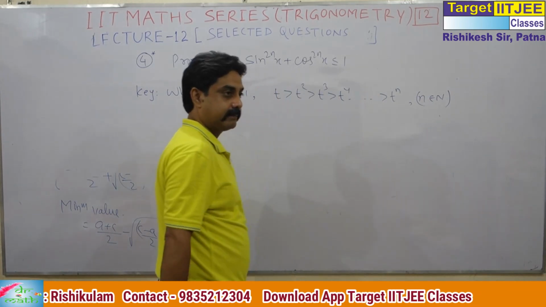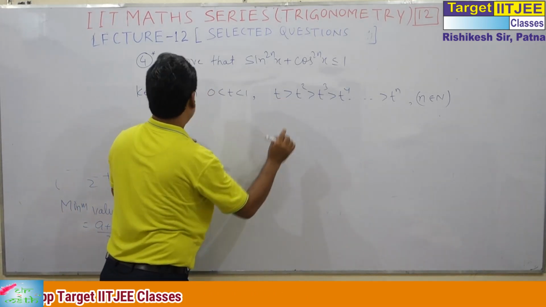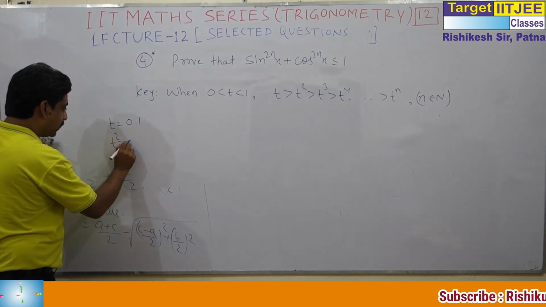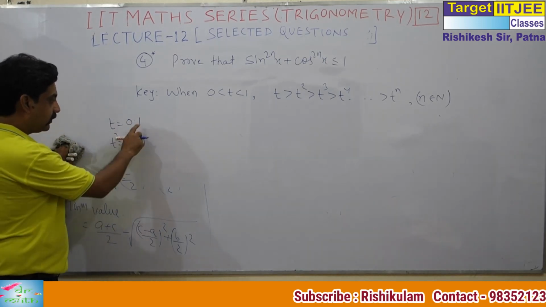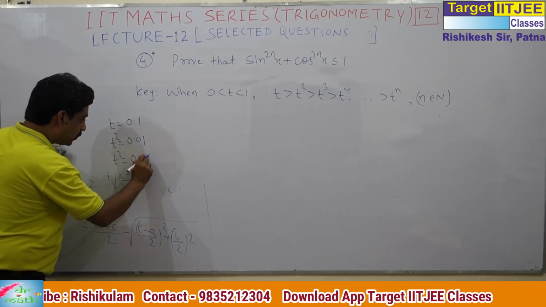This is the key point. Have you ever realized, if t is equal to 0.1, then t square is 0.01, getting lesser? t cube is 0.001.